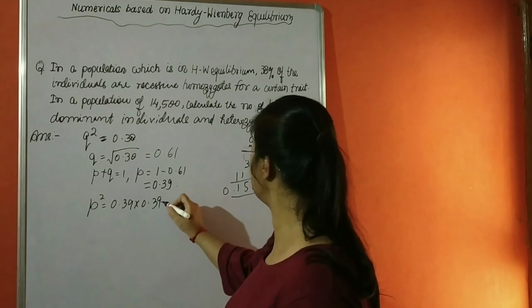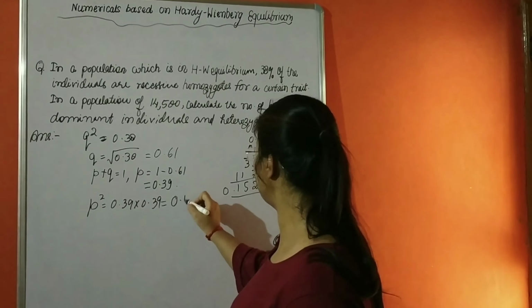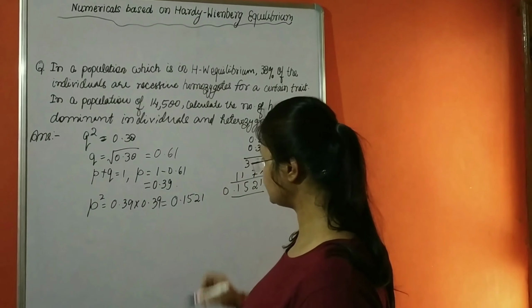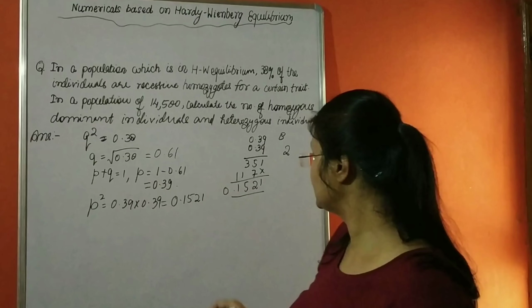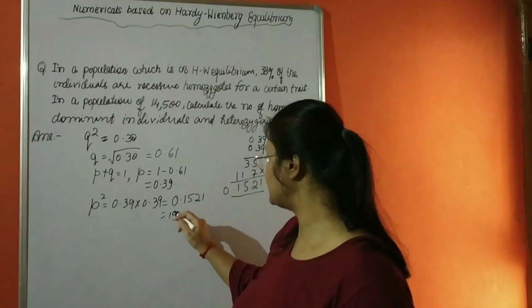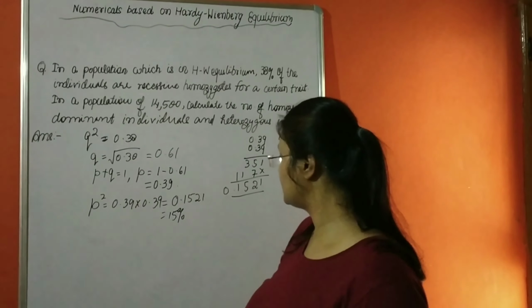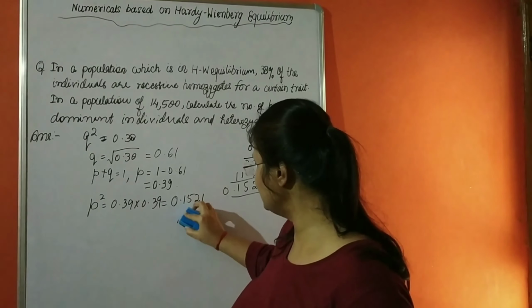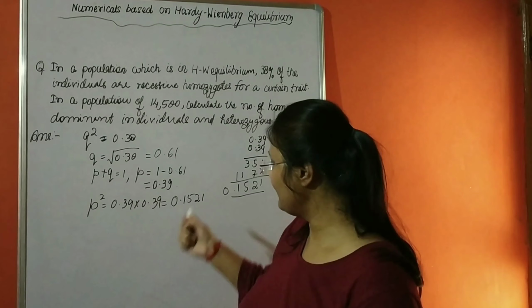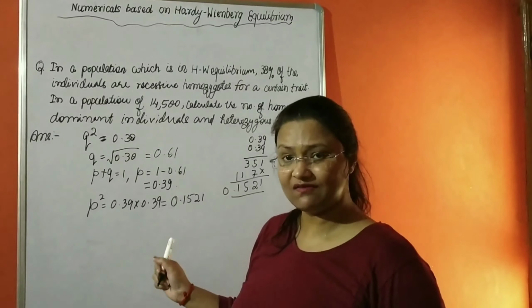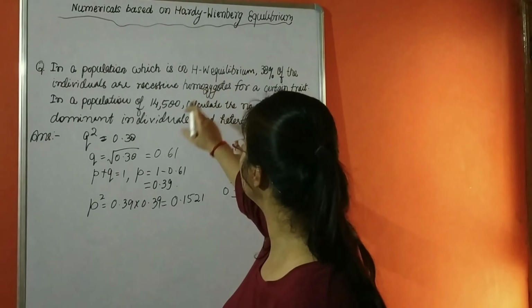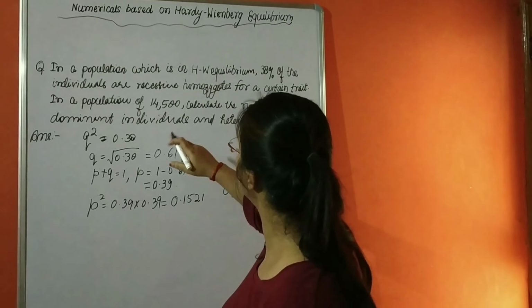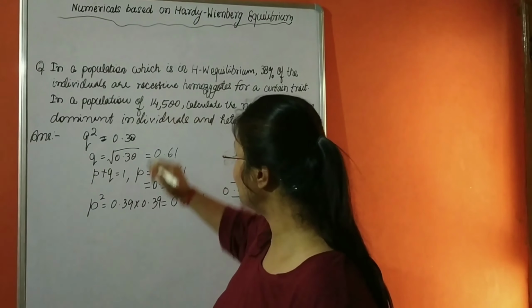So it is 0.1521. That means they are 15%. Now we don't even need to find out the percentage. We can simply multiply 0.1521 with the number of individuals, which are 14,500.